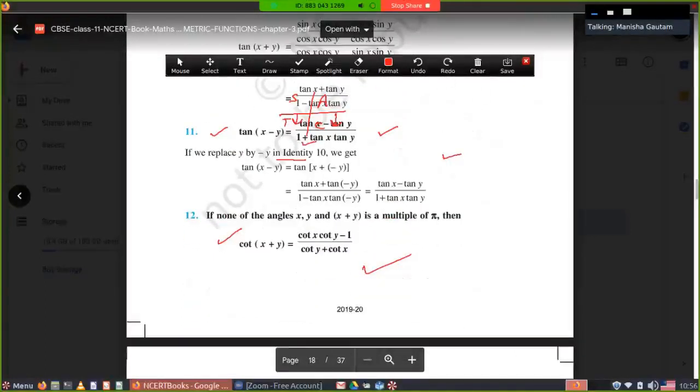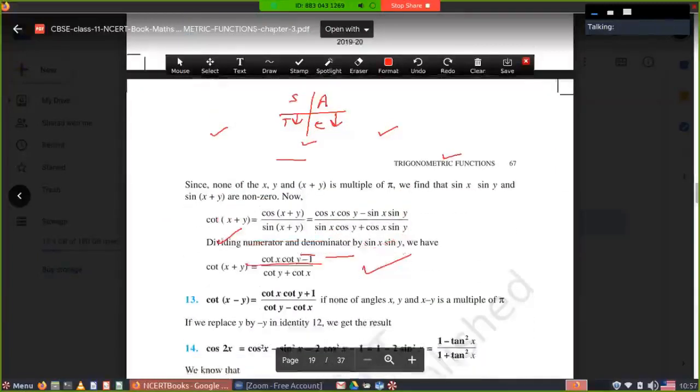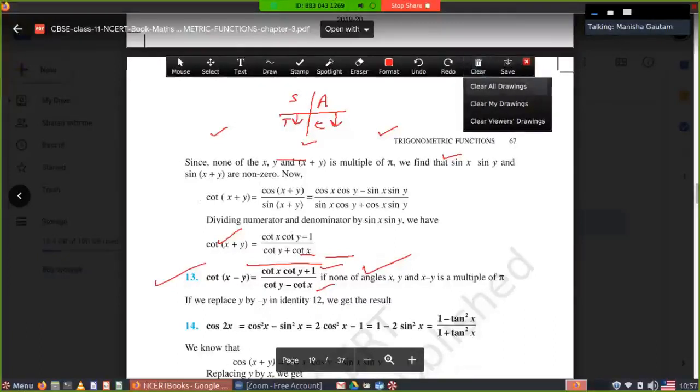Now cot x plus y is equal to cot x cot y minus 1 upon cot y plus cot x. Now cot x minus y is cot x cot y plus 1 upon cot y minus cot x. Now these are 13 identities which I have discussed here.